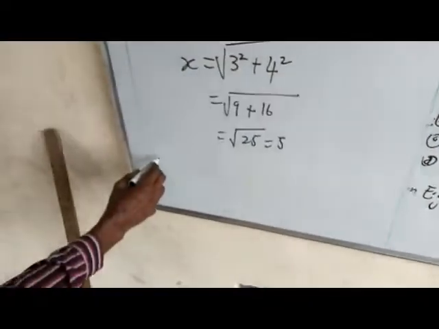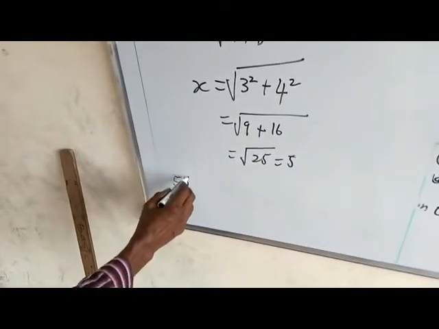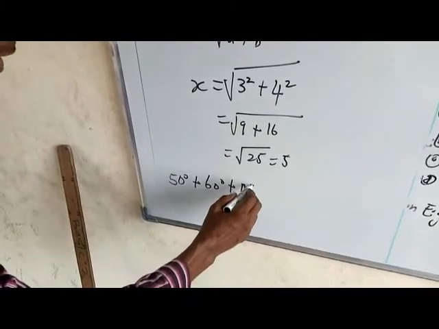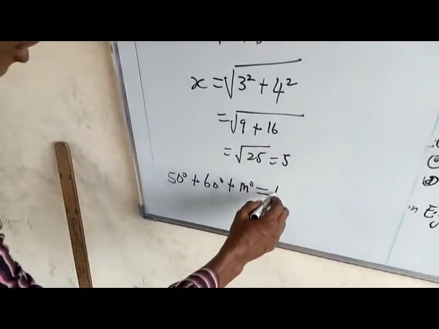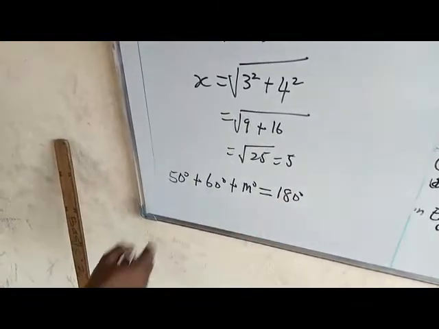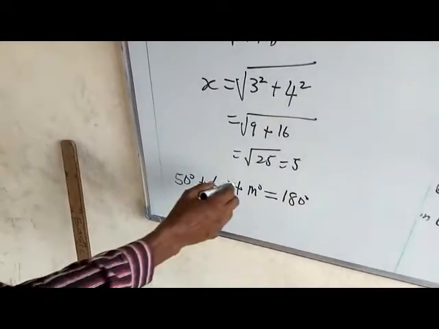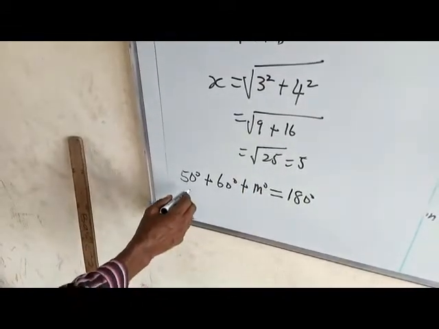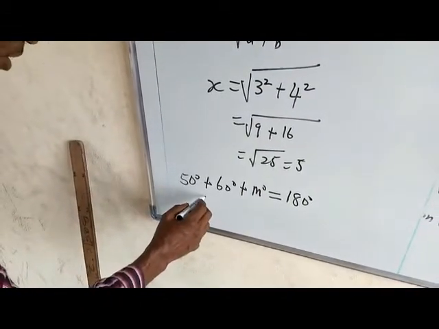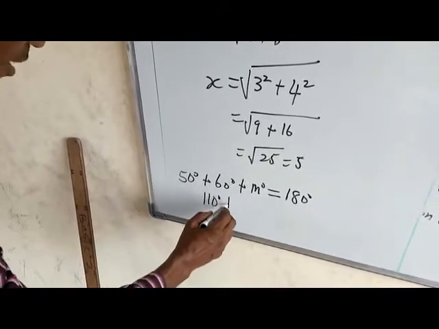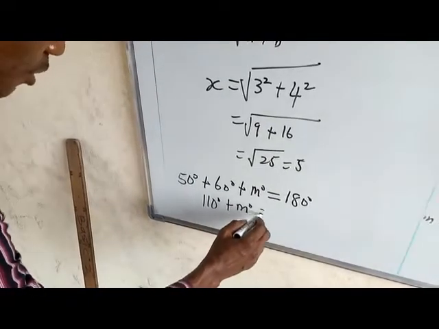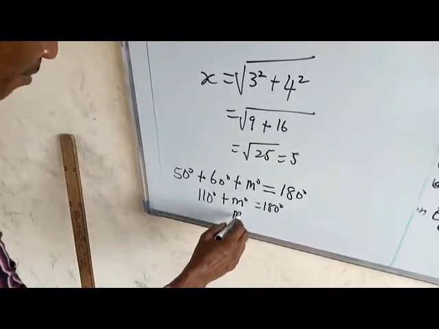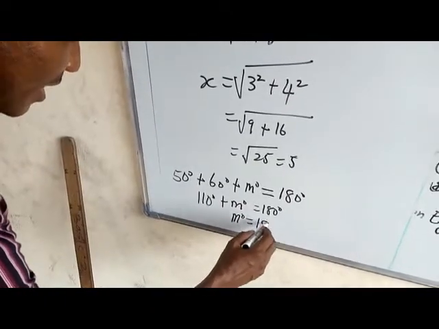So when something like that is given, what you do is 50 degrees plus 60 degrees plus m degrees. You sum everything to what? 180 degrees. So from here, we want to collect like terms. We take the unknown to one side. 50 plus 60 gives us 110 degrees plus m equals 180. So we collect like terms. M degrees will be equal to 180 degrees.